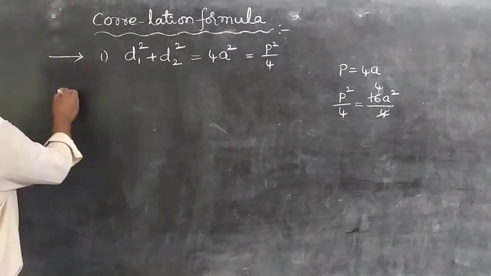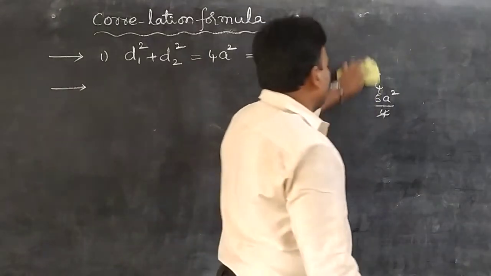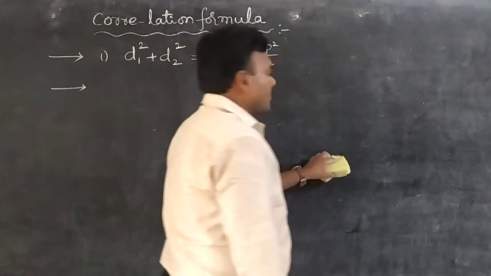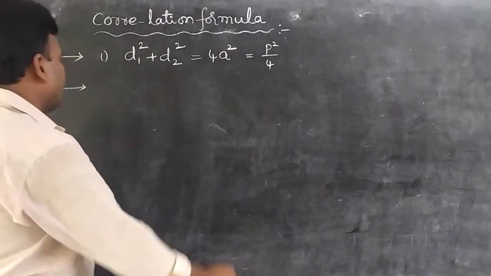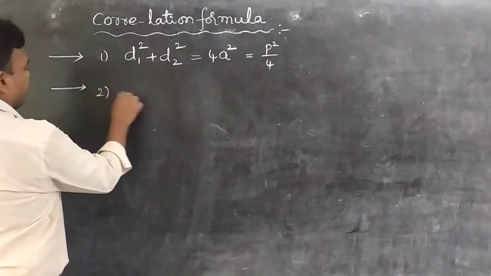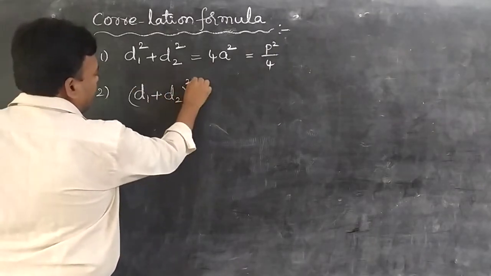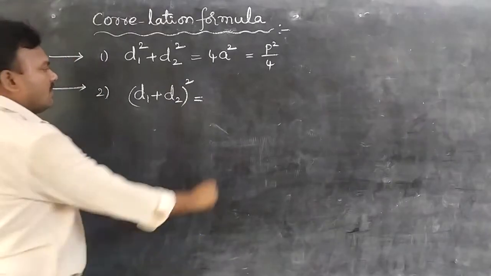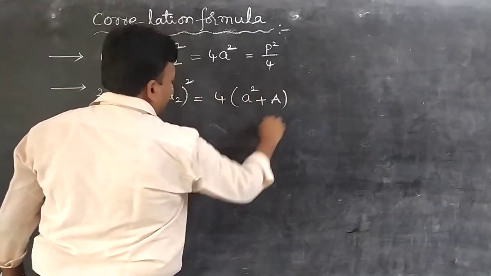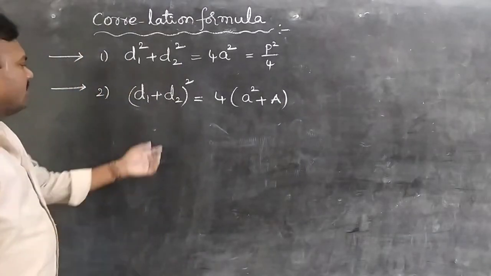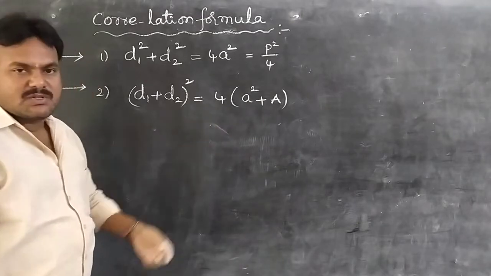And second one, observe carefully. If you know the diagonals D1 and D2 along with one side, how to find the area? Observe here, students. Second one: (D1 plus D2) whole square equals 4 of A square plus A square plus A. If the sum of diagonals is given along with one side, to find the area apply this formula, students.